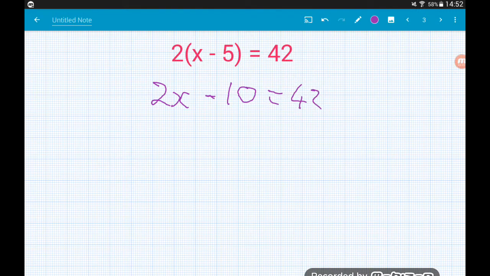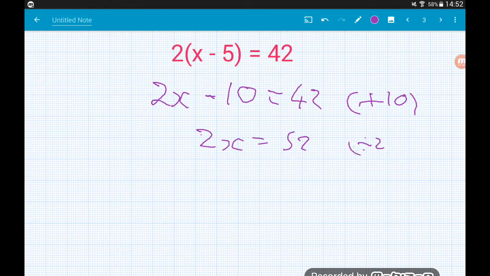So now if we add that 10 to both sides, we're going to be left with 2x equals 42 plus 10 is 52, and then we need to divide by the 2 that's stuck on the x. And that will leave us with x equals 26. That's a good one again.